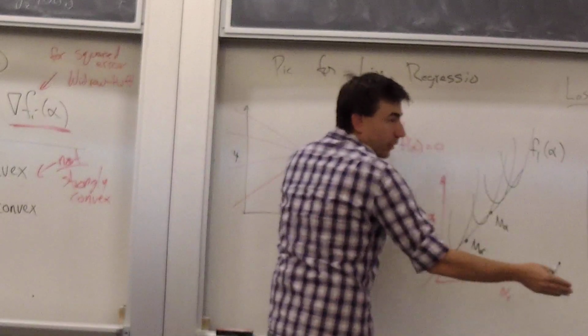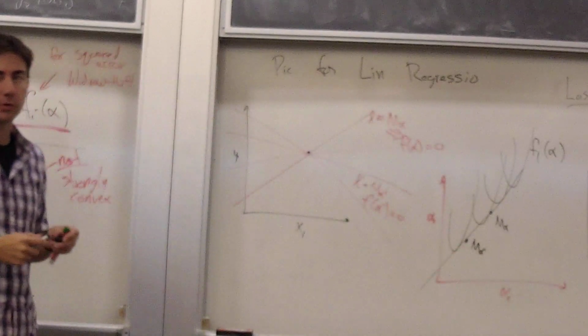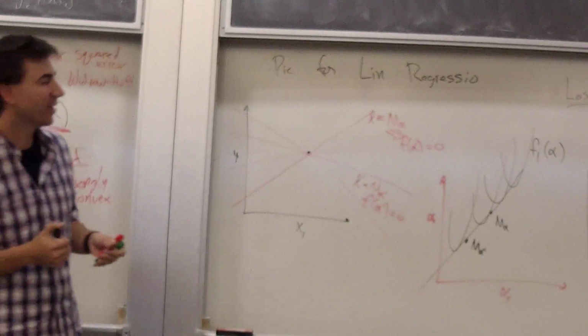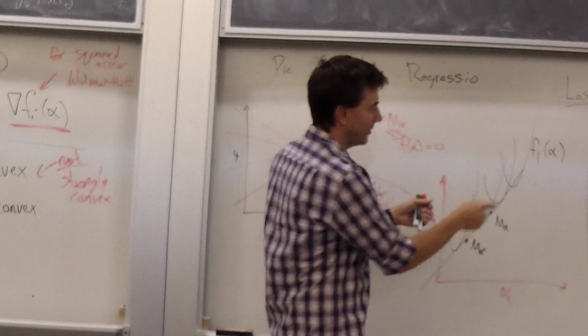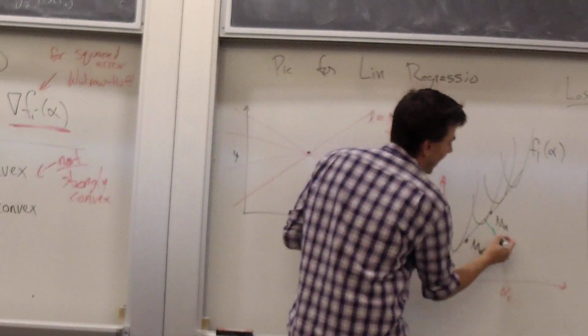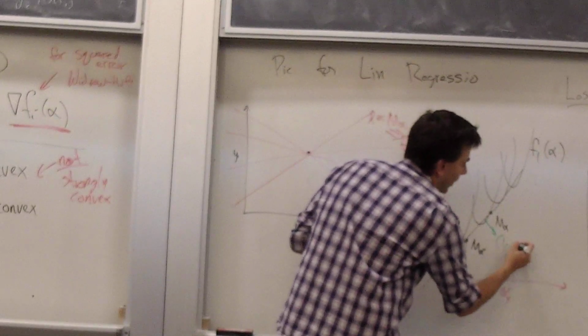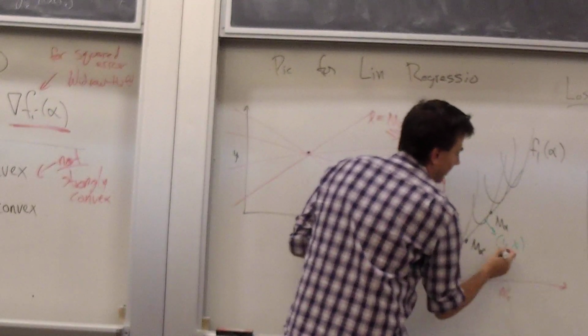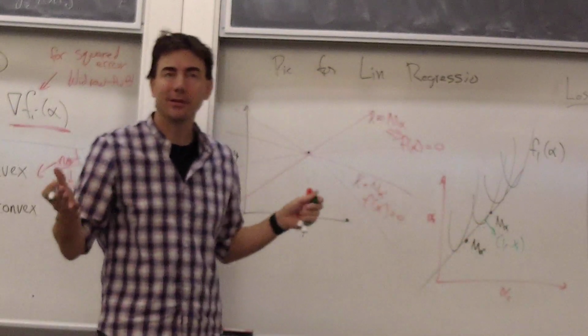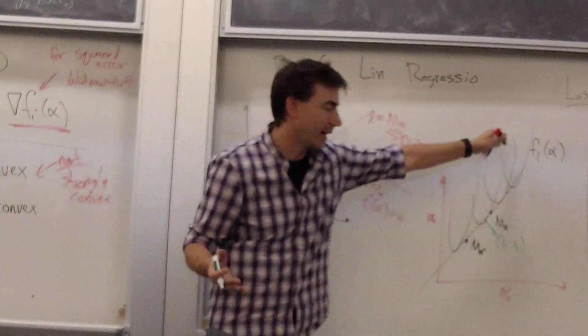But if it's off here, it goes up quadratically. Okay, and it turns out that it's going to be the one where the dot product with (1, x_1) is 0. If the dot product with this vector is 0, then the cost is going to be 0. That's why it's a line in here.